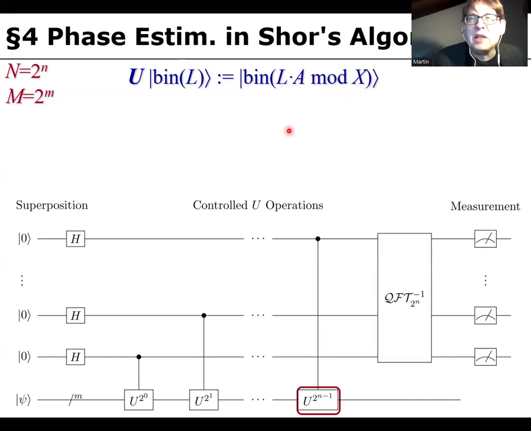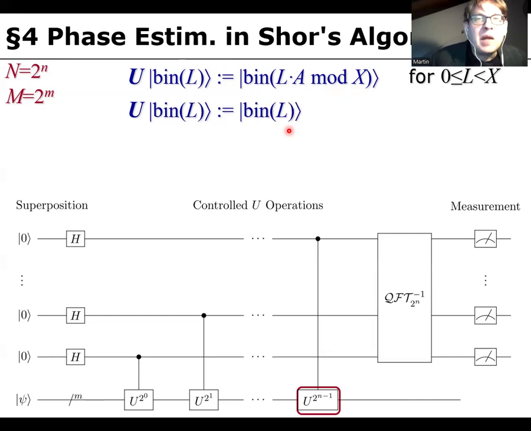I'll explain in a second. That's the case when L, the index of the input base vector, is between 0 and X excluding, and otherwise it just doesn't change the input vectors with index L larger or equal to X.